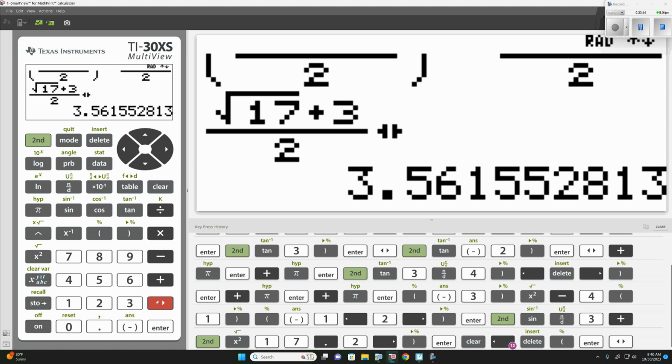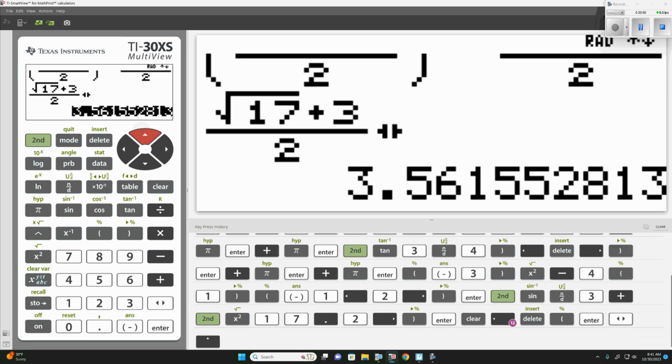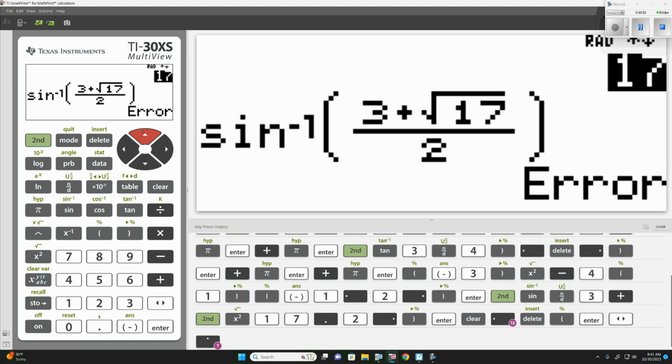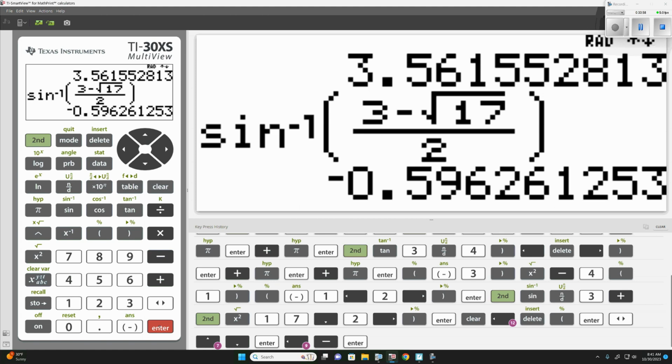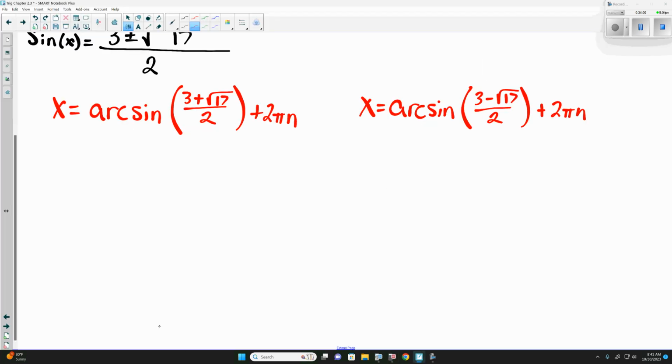We can't put that into arc sine, because sine itself cannot have a value greater than 1, so it doesn't work. Let me come back and put this in. So this first one doesn't exist. This is an extraneous solution. That one doesn't work.